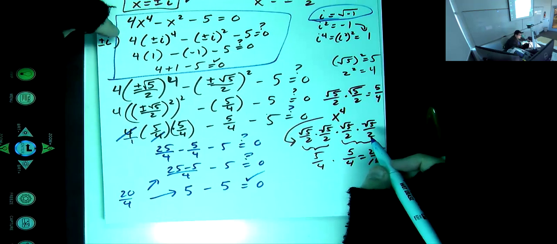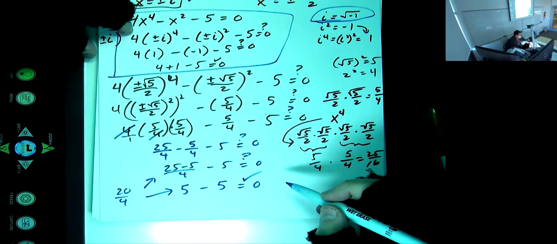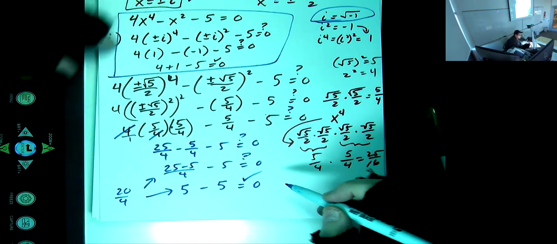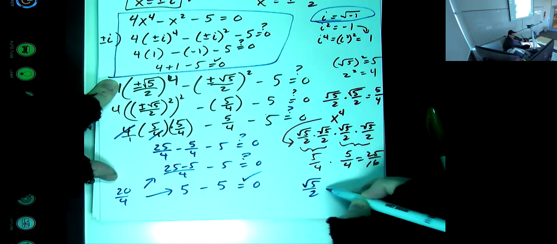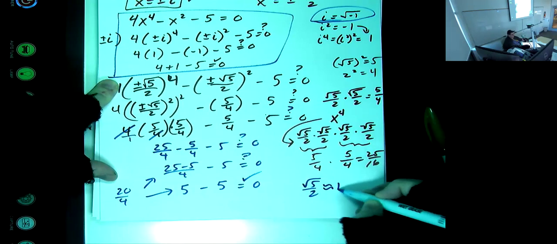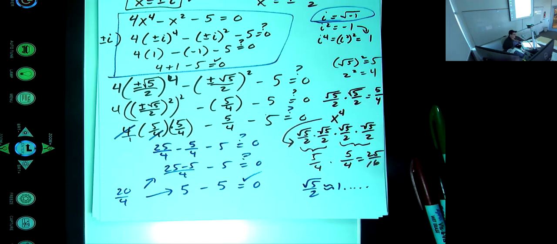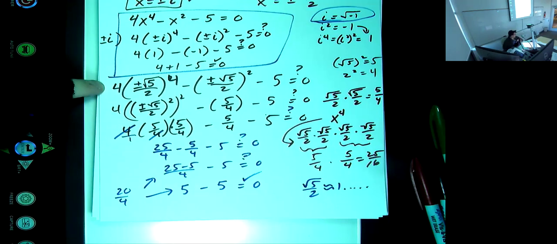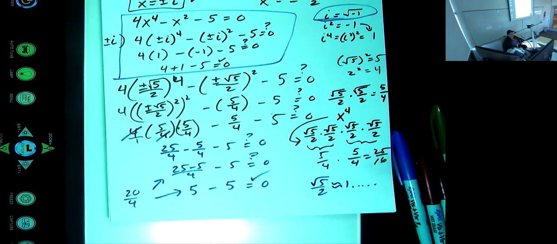Granted, plugging this in with a calculator would be a lot quicker, and you could find out what the square root of 5/2 is. It's about 1 point something, maybe 1.1. Whatever it is, you could do it to the 4th power, times 4, and plug it in and go quicker. This is like working with all the fractions. But both answers checked, so both answers were good.